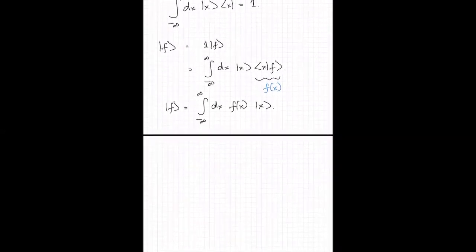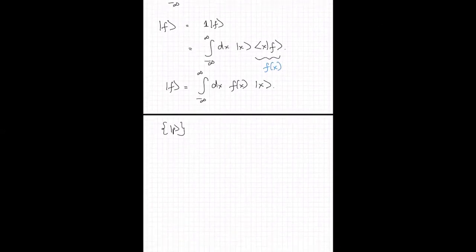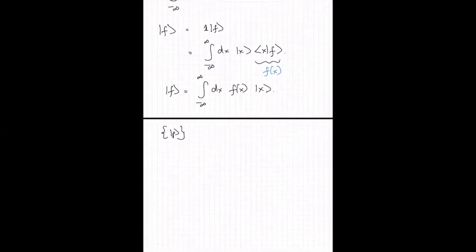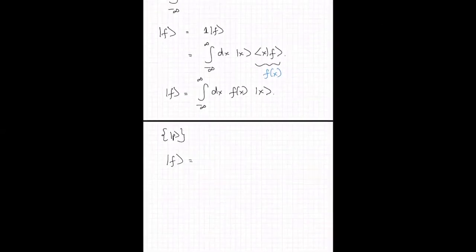Okay. Now I can expand the exact same vector also in the p basis. For example, in the basis set provided by the eigenfunctions of the p operator, how would this vector f look? Again, I will write this as 1 times f, but now I will insert the completeness relation pertaining to the p operator.